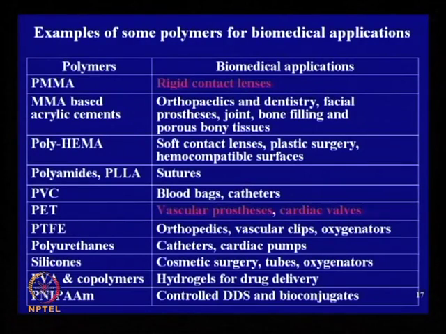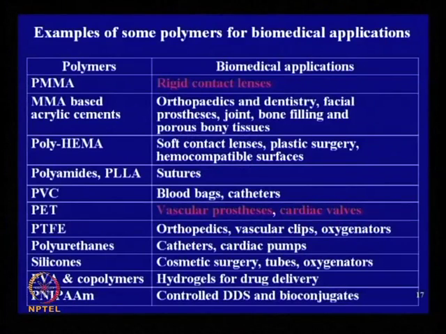Polyurethanes are made from diisocyanates and diol. You know, isocyanates are highly toxic. Now, once these isocyanate groups react with hydroxyl group, forms urethane bond.